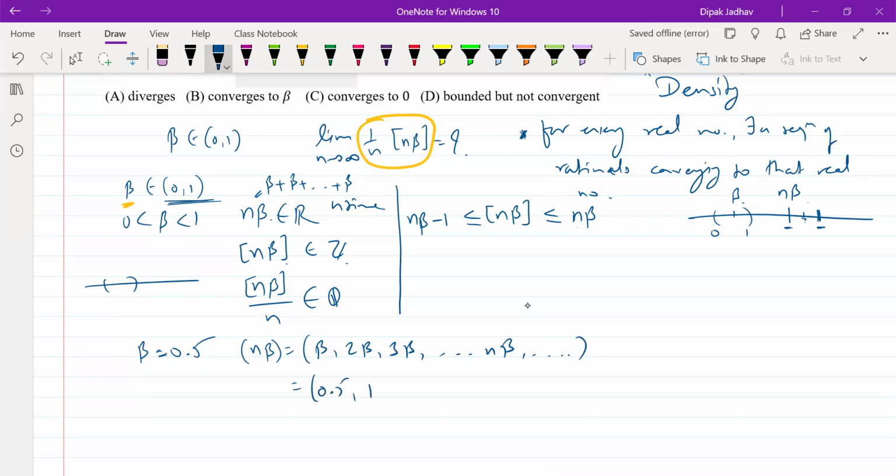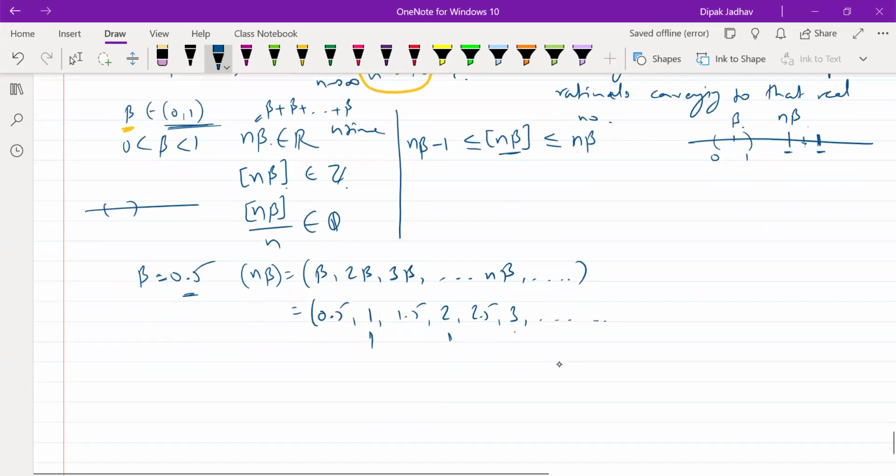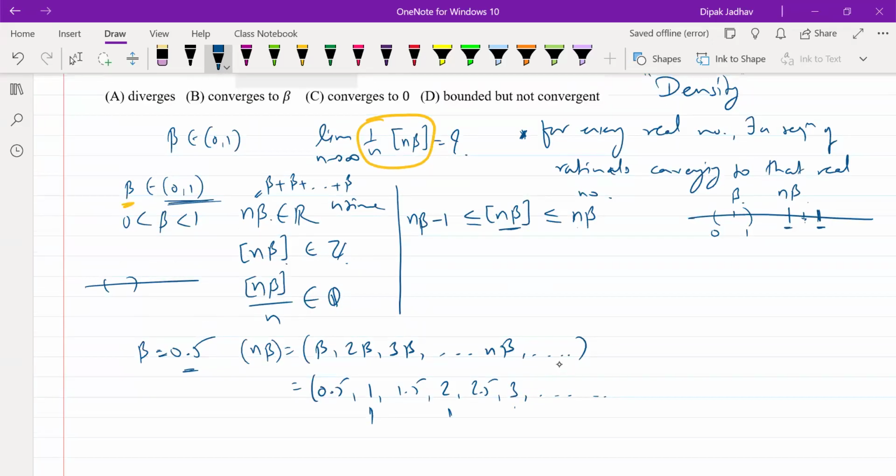Beta is 0.5, 2 beta is 1, 3 beta is 1.5, 2, 2.5, 3, and so on. It continues like this. So n beta can be an integer. For example, if beta is 0.5, whenever n is even, n beta is an integer. Is it okay? Yes, very good. So the integer part of n beta can be equal to n beta.